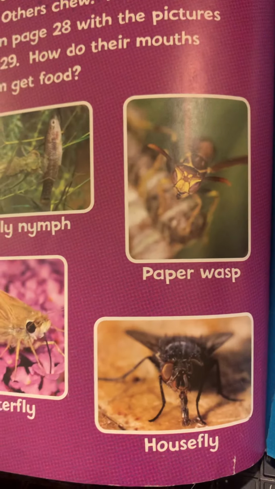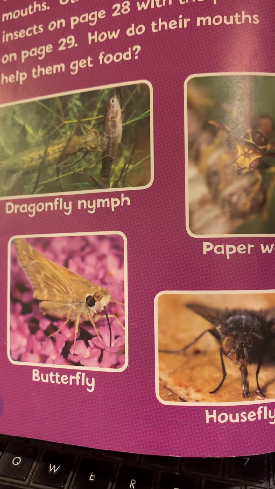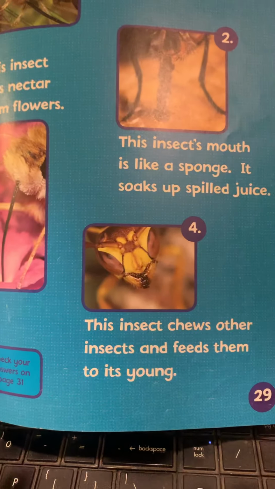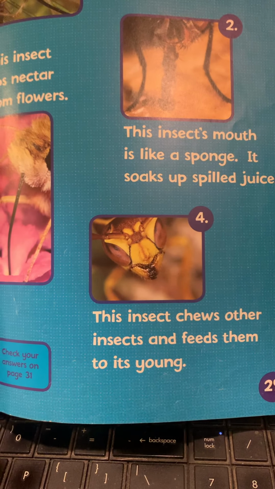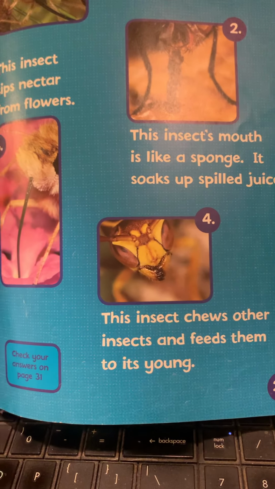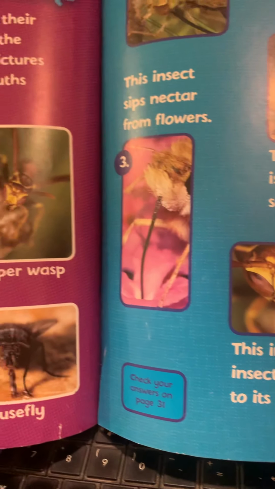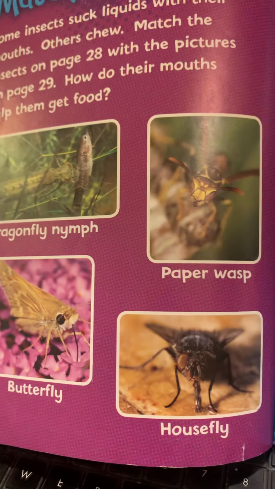Which one of these would you see on flowers? Number 4. This insect chews other insects and feeds them to its young. Which one would it be?